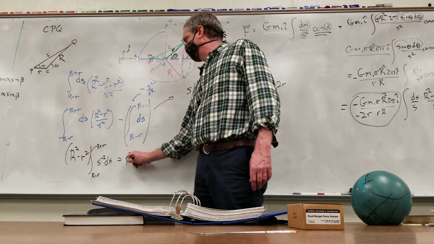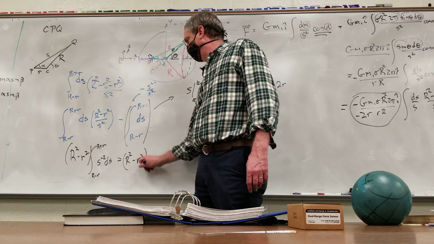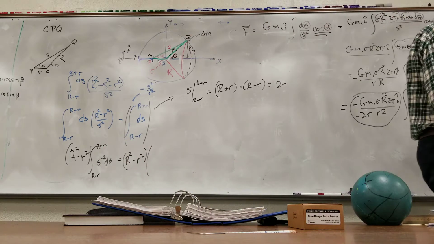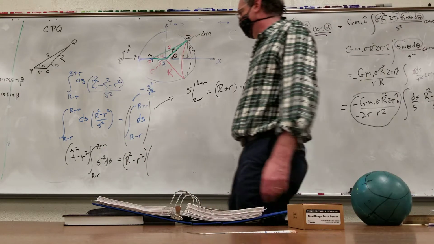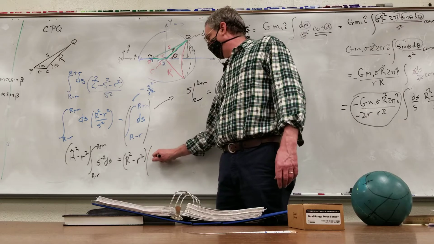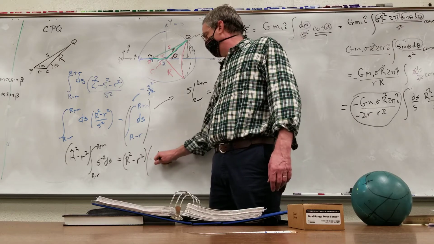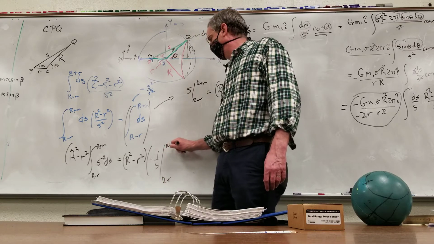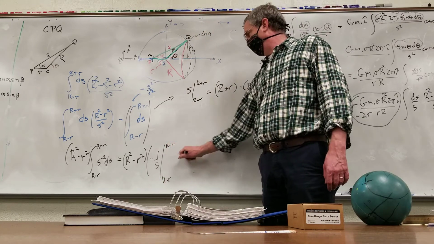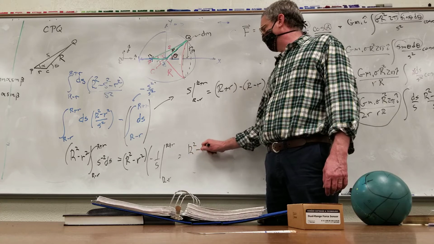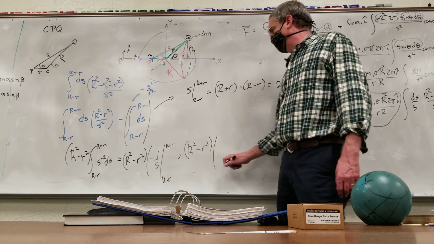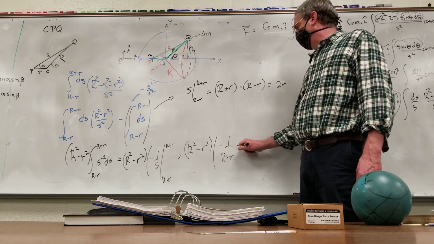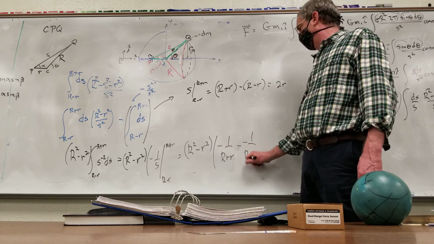What's the integral of s to the negative 2? Negative 1 over s, from R minus r to R plus r, which is big R squared minus little r squared times negative 1 over big R plus r minus negative 1 over big R minus little r.